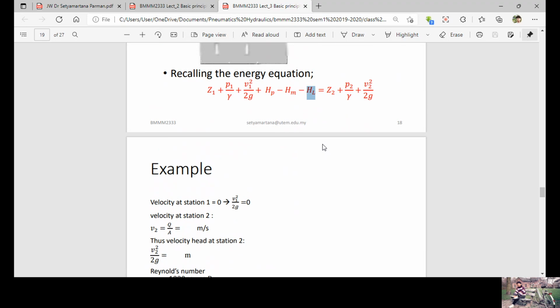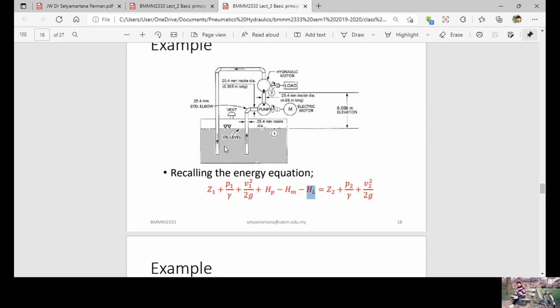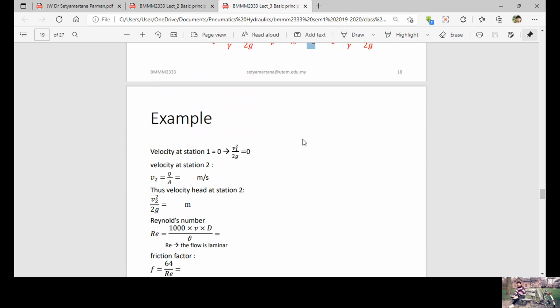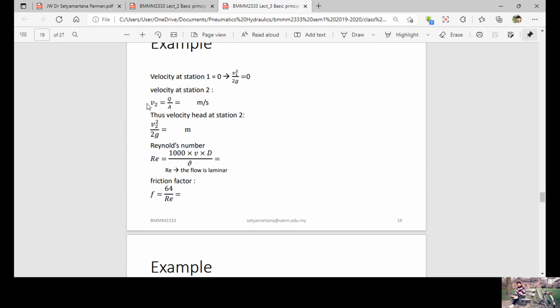So first we must investigate, is the flow here laminar or turbulent? Okay, then we calculate the Reynolds number first, based on the calculated velocity in station 2.